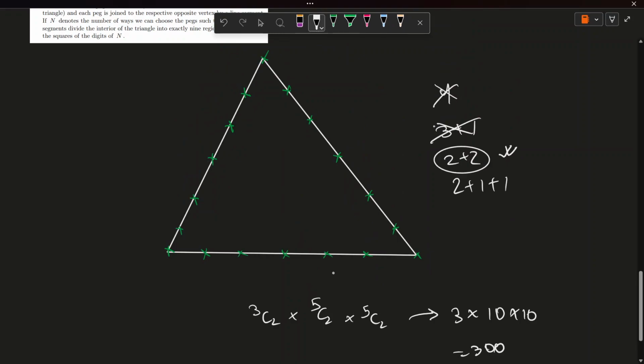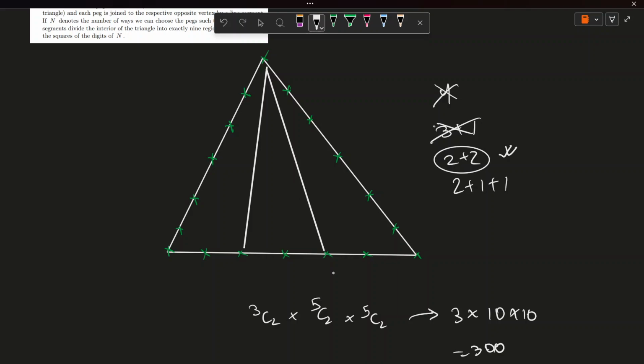Now let's do the 2 plus 1 case. So the 2 plus 1 case looks basically like we choose two pegs from one side and one peg from each of the other sides. If we draw such a diagram, it looks something like this.